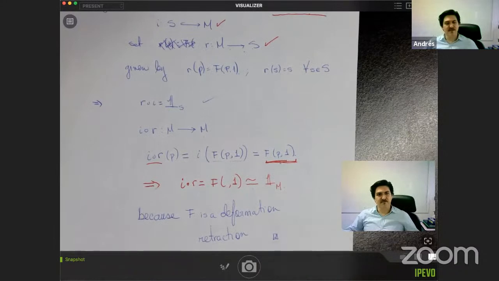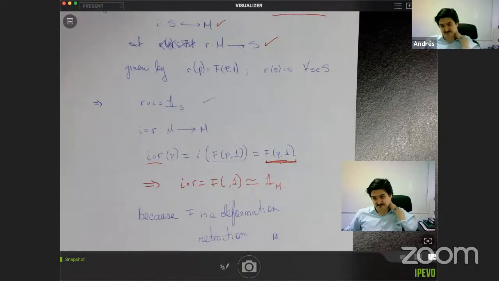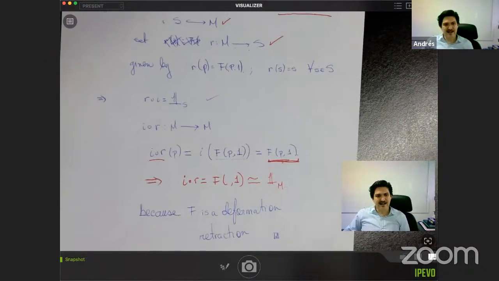So if a submanifold is a deformation retraction of the manifold M, both of them have the same homotopy type. Any questions?